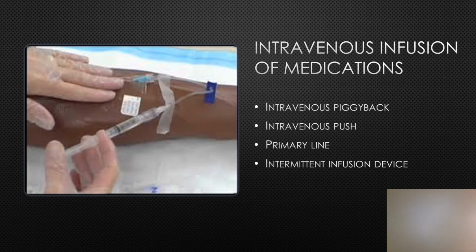Admixing is the addition of a diluent to a medication or a medication to an IV solution. We usually do that in the pharmacy, but because of the instability of some drugs, it has to be done just prior to administration. It should be done in as few steps as possible to reduce the risk of contamination.